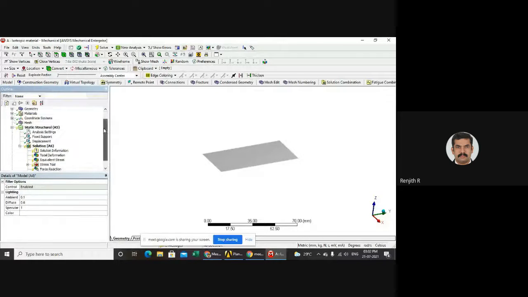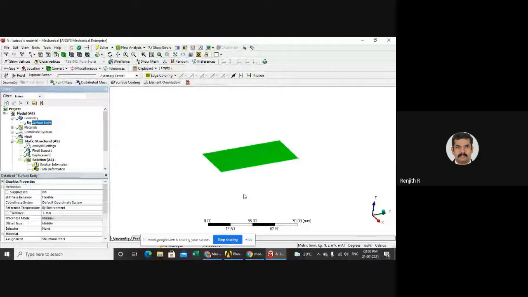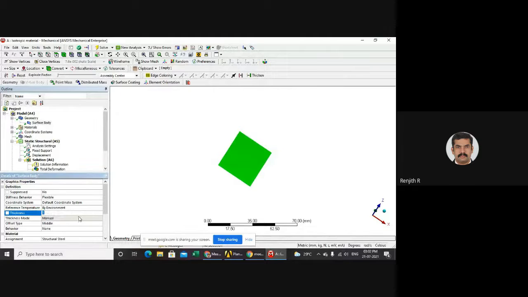If you open the model, you will get that complete analysis sections. You can see this is our geometry. I created the geometry as a shell element or surface element, which does not have thickness. So we can give the thickness. It is actually a virtual input which will be utilized in our stiffness matrix. See, in the earlier lecture, I explained the stiffness matrix. In that equation, there is an option to input this area, so the thickness. So we will give it as a thickness there. So it's actually a virtual thickness.